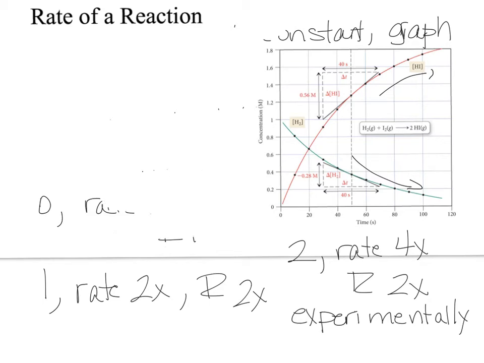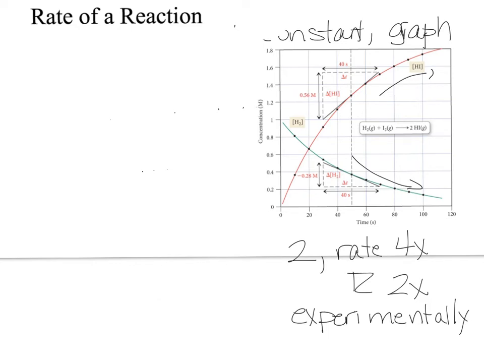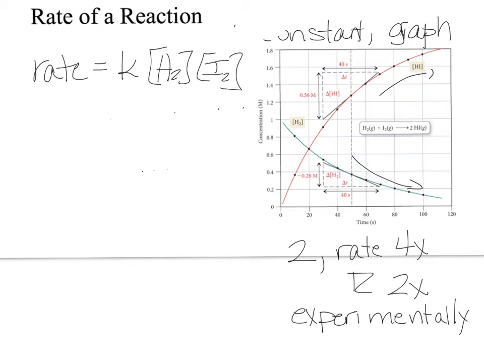Let's look at some possibilities. All right, let's say that rate is equal to K times hydrogen concentration times iodine concentration. In this case, there is no superscript shown here, okay? So that means that it's first order. We don't show the 1, it's understood. First with respect to hydrogen, and first with respect to iodine. And then we add the orders together to get the order overall.